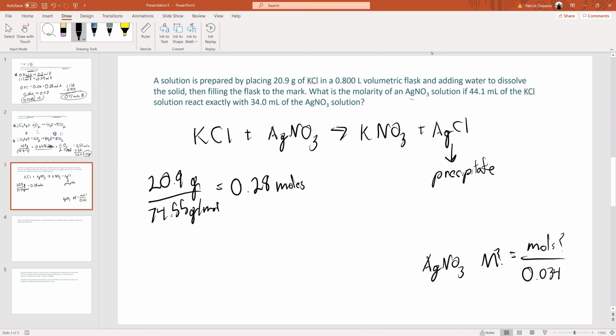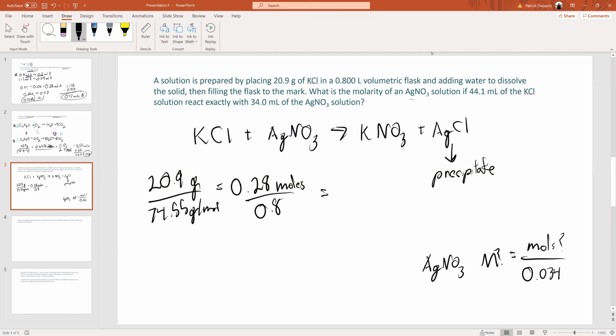So we're going to use our stoichiometry concepts, knowing our KCl, to figure out the moles of AgNO3. For that we need the molarity of KCl. We know from before that our KCl is 0.28 moles. We can divide that by the 0.8 liters to figure out the molarity, and that molarity is 0.350.